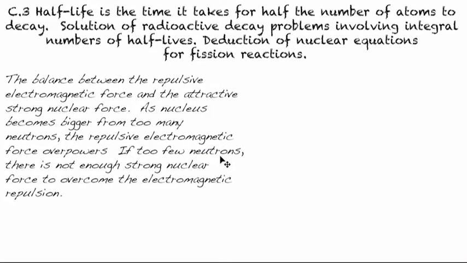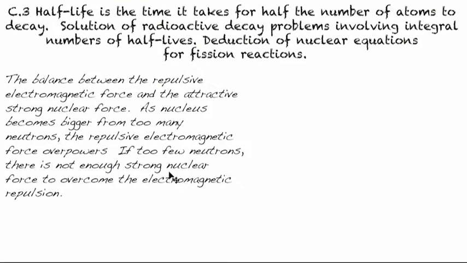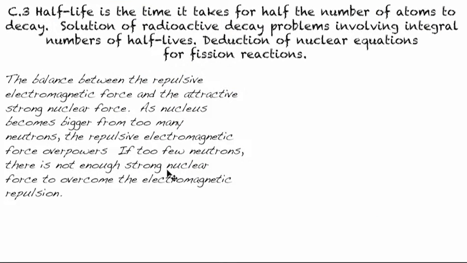If there are too few neutrons, and we make a small nucleus again, it can become unstable again because there's not enough strong force to overcome the electromagnetic repulsion. You have too many positives close together, and that causes more repulsion. It's not really diluted much by the presence of other neutrons.